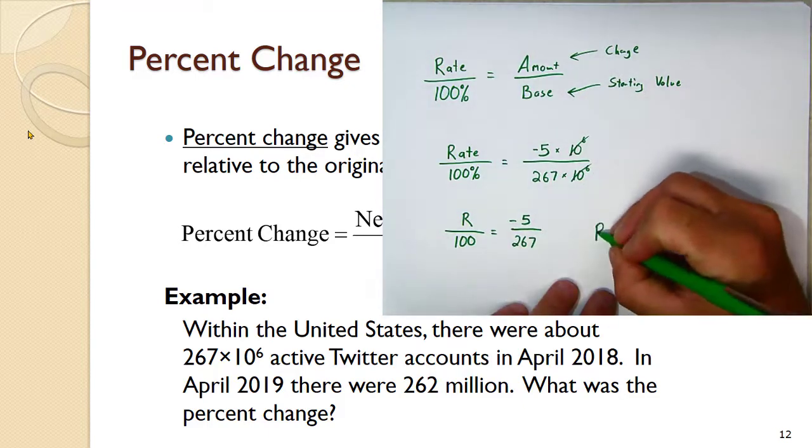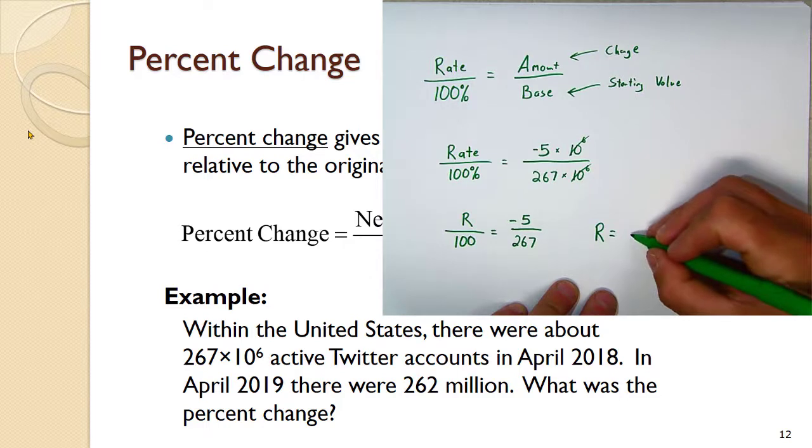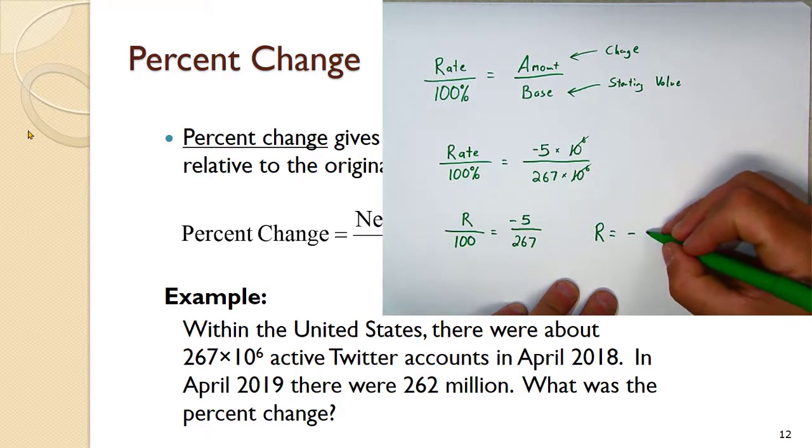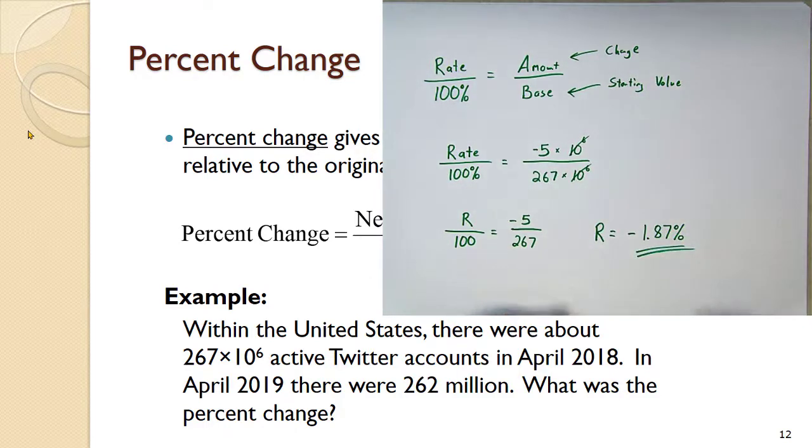And if you solve that proportion, you'll get, no surprise, negative 1.87%. Same result we got using the formula. Now you might say, well, those are kind of the exact same thing. And you're right. They're just different ways of thinking about the exact same math. Again, any method that you like is just fine.